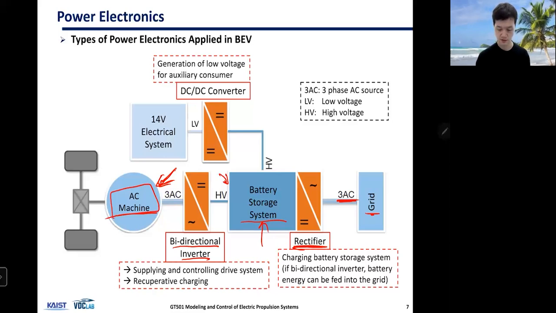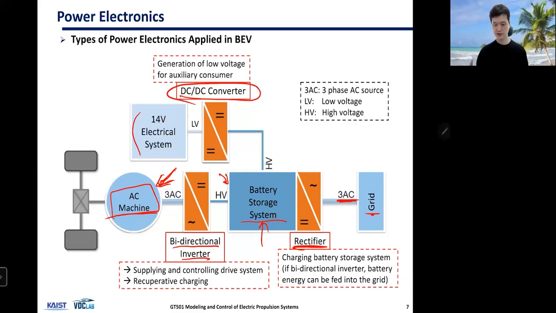And then you also have 12 volt. Usually you have 12 volt electrical systems in vehicles, a lot of lightings and your infotainment systems. Many of these electrical systems are run on 12 volt or 14 volt voltages. So, but battery provides, let's say, 200 or 300 voltage. So you need to step down those voltages. Okay, so you need DC-DC converter.